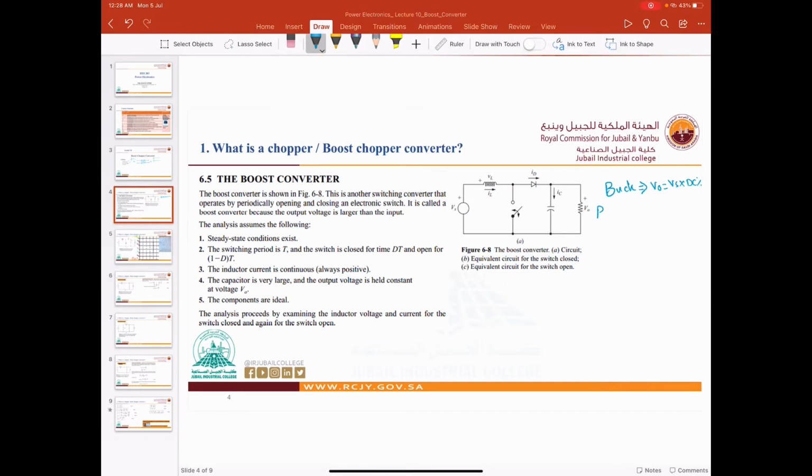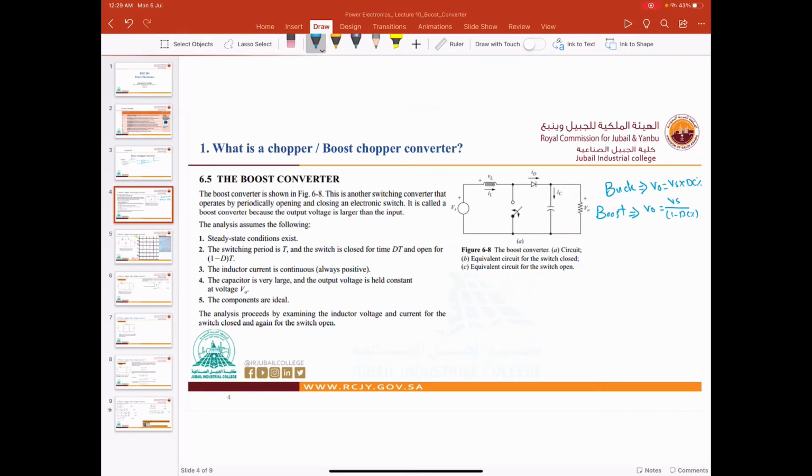Now in boost, inshallah, we will derive the equation again. In boost, we will find that V out is equal to Vs or Vin over 1 minus duty cycle percent, right? So inshallah we will derive the equations here.